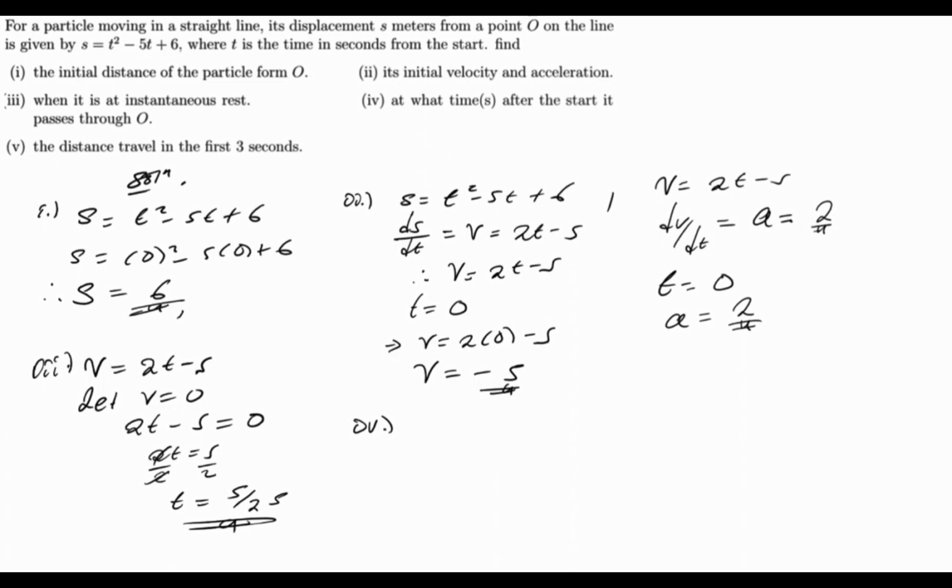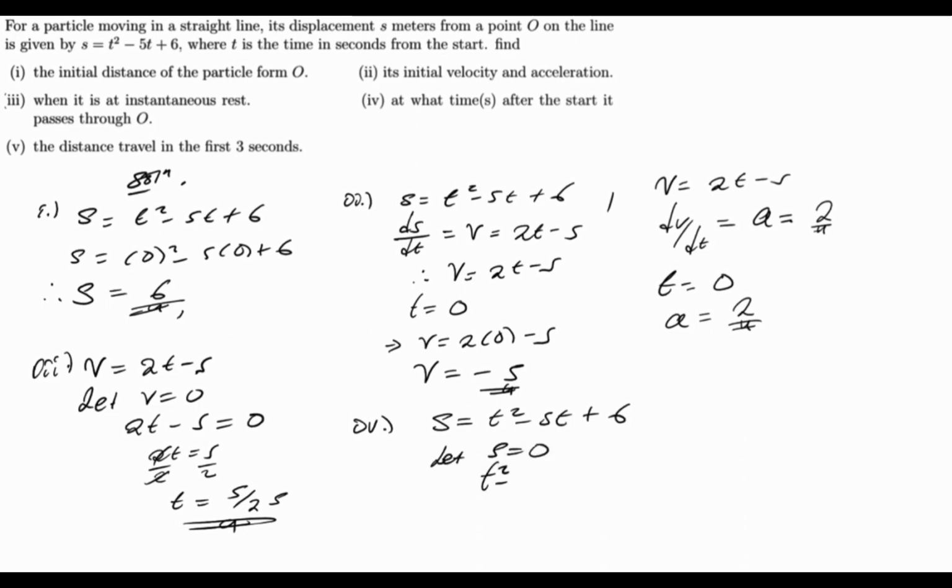For this one, we need to find the time or times after the start when the particle was passing through the origin, which is O. So we need to solve the equation for the position, which is the displacement given as s equal to t squared minus 5t plus 6, by letting s be equal to 0.